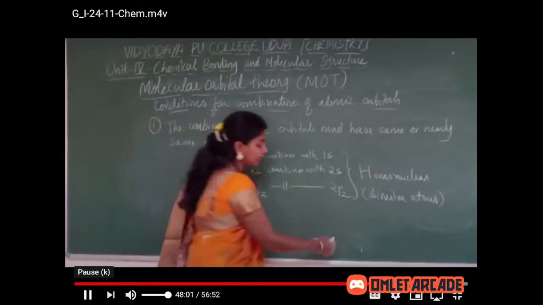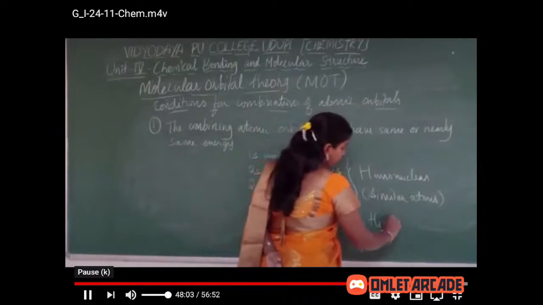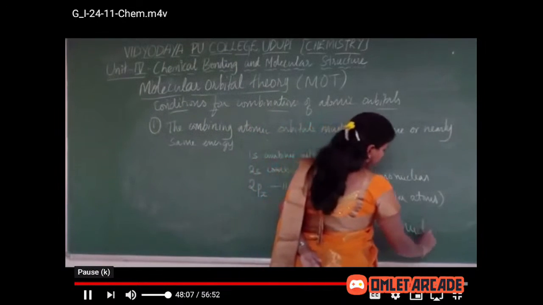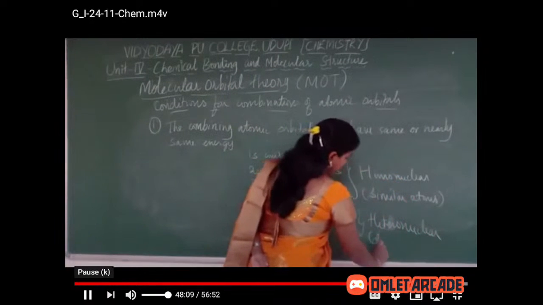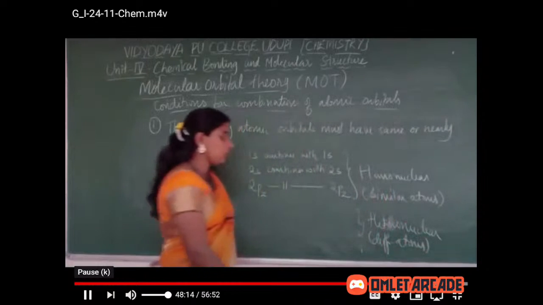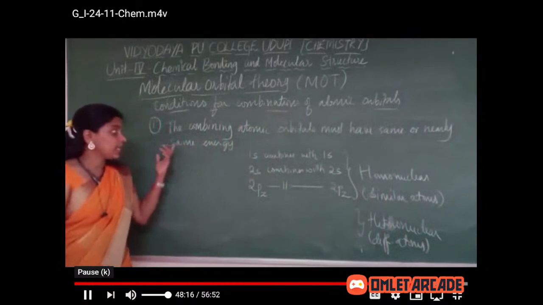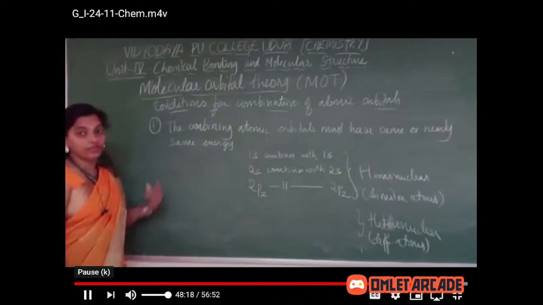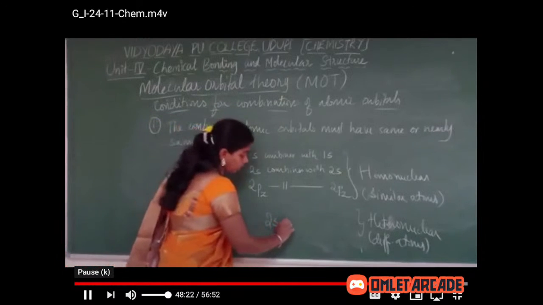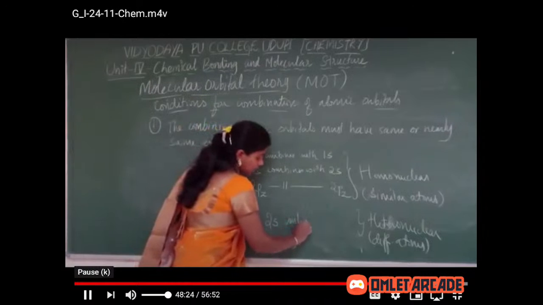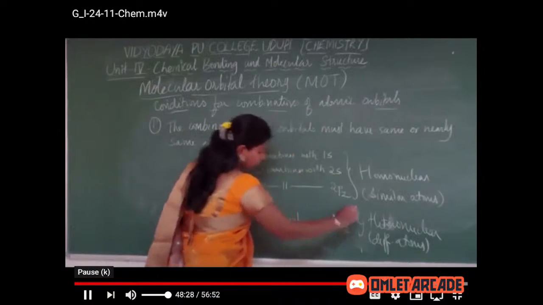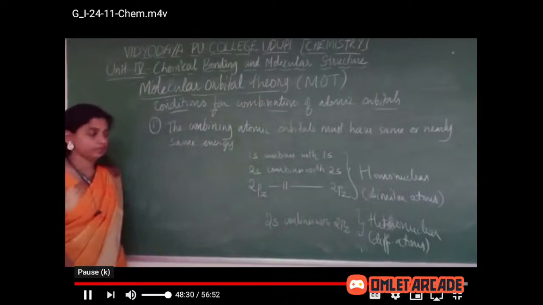In heteronuclear molecules, heteronuclear means different atoms. In the heteronuclear case, atomic orbitals of nearly same energy can combine, which means 2s can combine with 2pz.